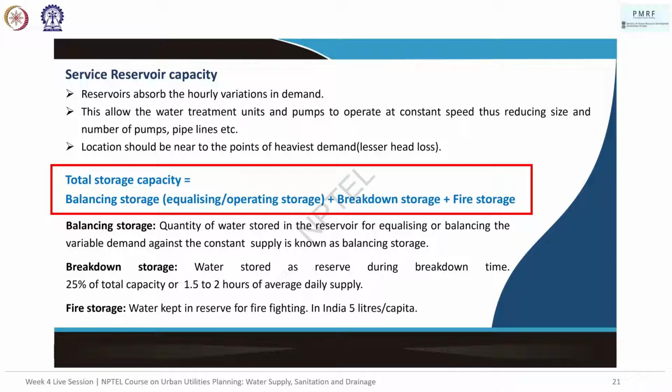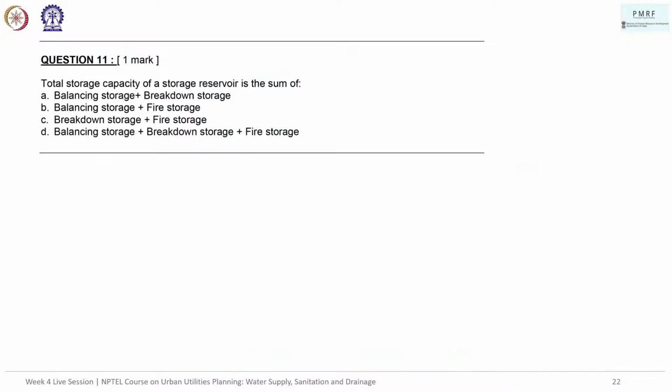We don't know when the demand is going to increase or decrease. Even if you know approximately, we can't expect the water to exactly be the amount that is being supplied, which is why we have a storage reservoir where we ensure there is enough water stored to cater to this variation in demand. So that is the balancing storage component.